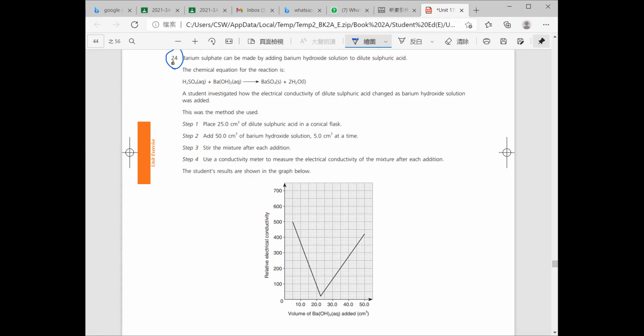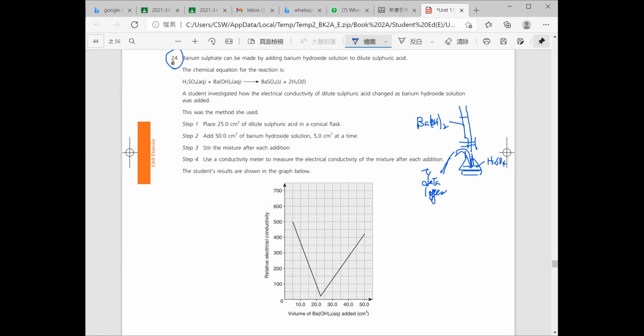I add X into the conical flask, but instead the barium hydroxide is on top. Very similar. Can you see that? The barium hydroxide solution is here, while in the conical flask it is sulfuric acid. And you are going to keep track of the electrical conductivity by having the probe monitor the electrical conductivity and collect the data log.